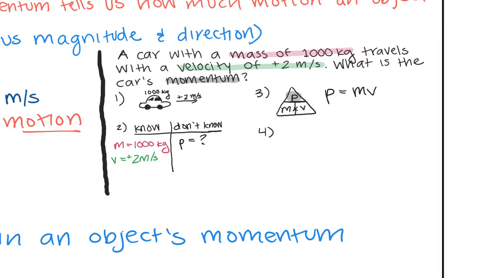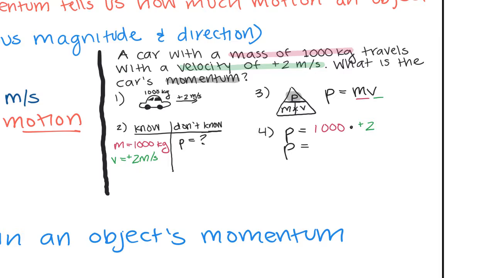Once I've got my equation ready to go, I am good to plug in. So the number that I am plugging in for m right here is going to be 1,000. And I put a dot to indicate multiplication. The number that I am plugging in for v is going to be positive 2. And I can multiply those together.